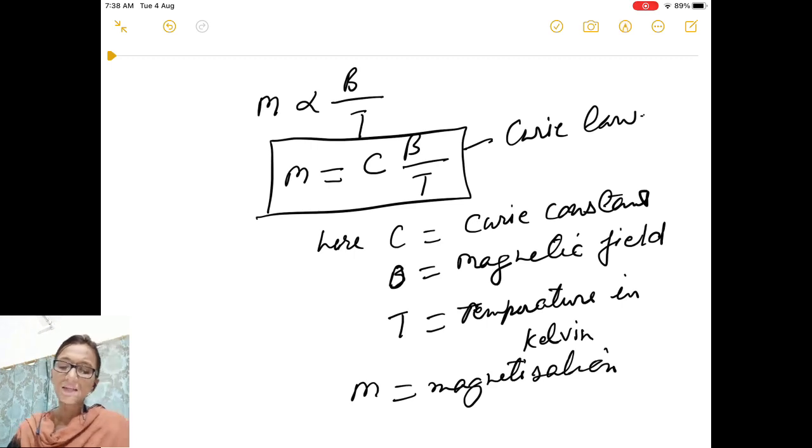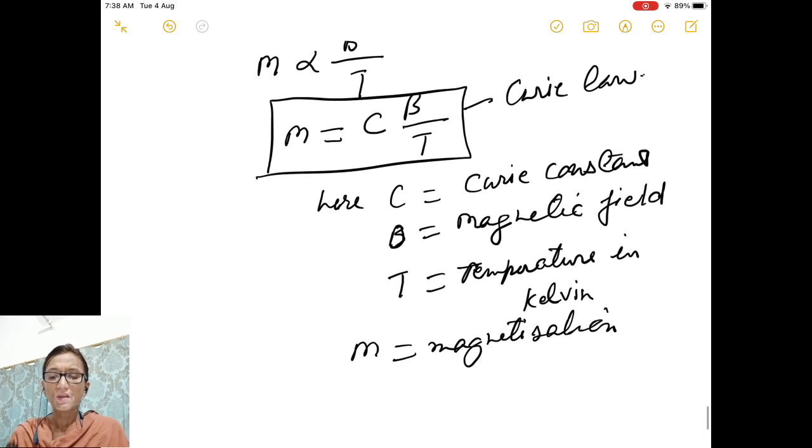So magnetization of a paramagnetic substance does not wholly depend on the external magnetic field. Rather, it also depends on temperature.